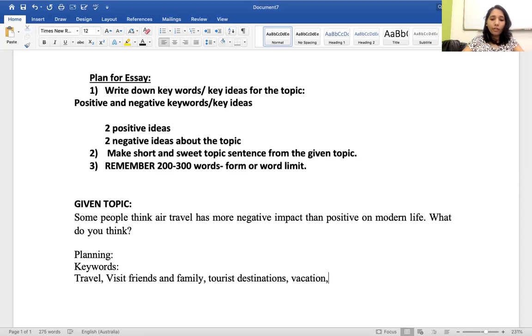You can think of destination, you can think of good things, or the speed of travel. So it's quicker travel. What else is good about traveling in airplanes?